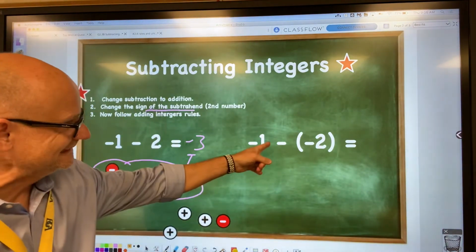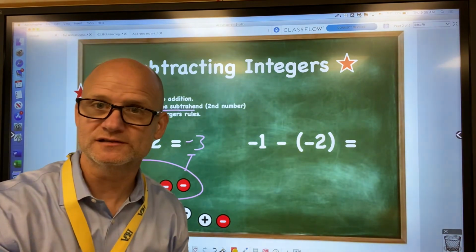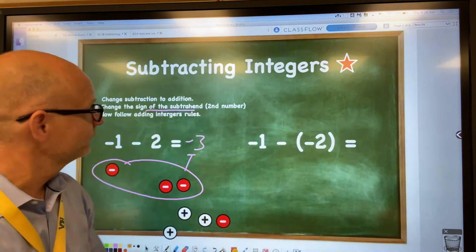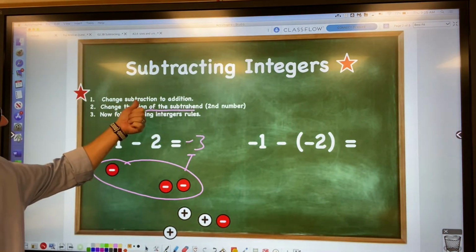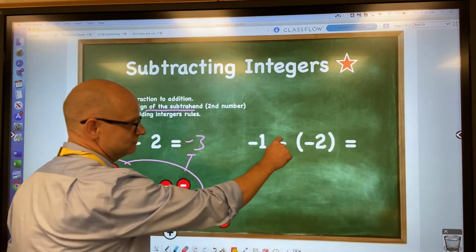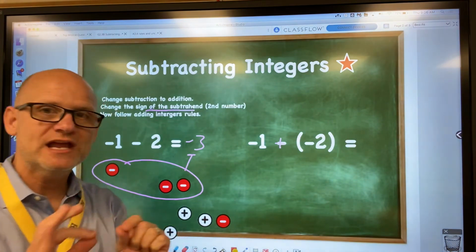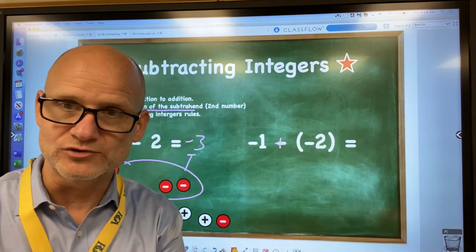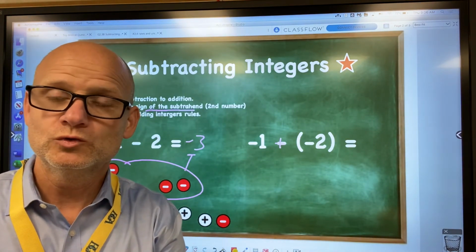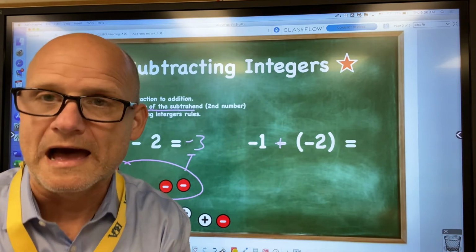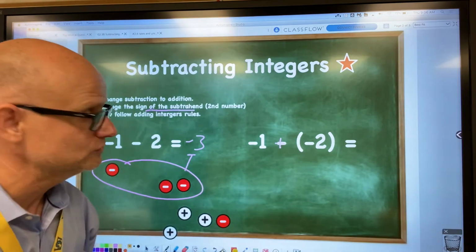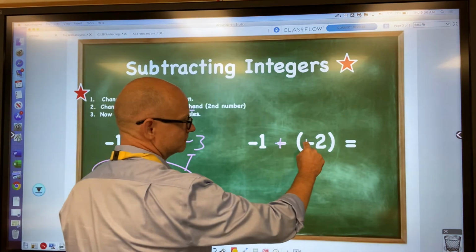So let's just try this again. Here's the process. All I'm doing is showing you the process. First thing you do is change the subtraction sign to addition. So I'm going to change this to addition. And then you change the sign of the subtrahend to the opposite of what it is. Right now it's -2, so let's change it to a +2.